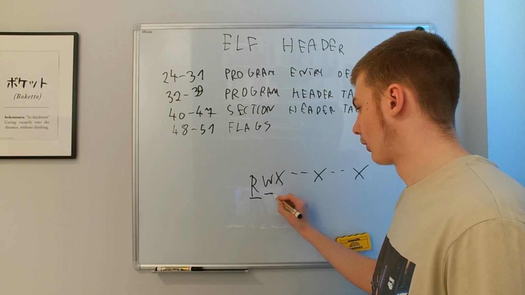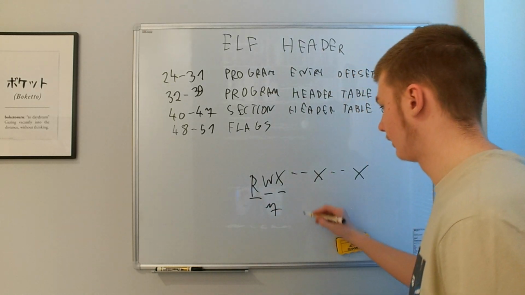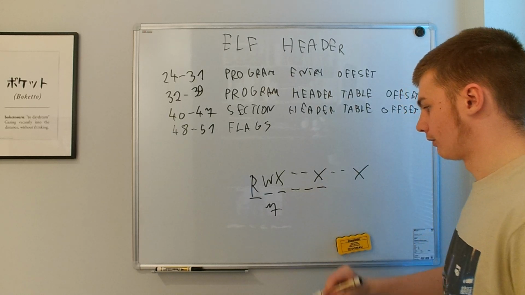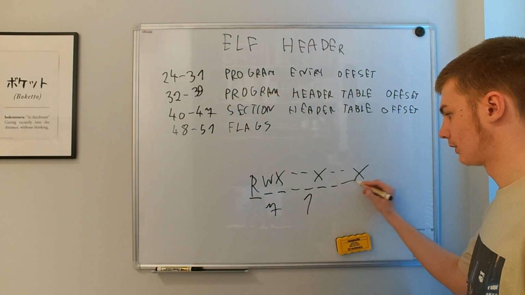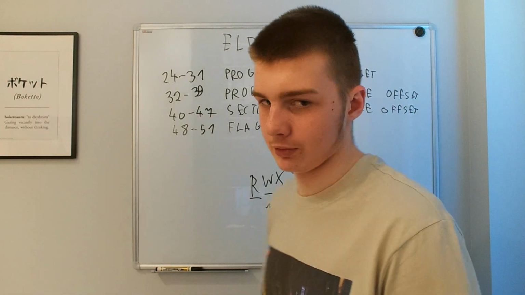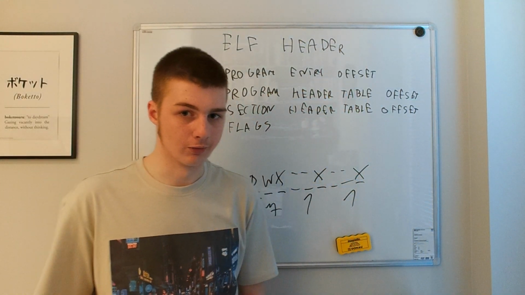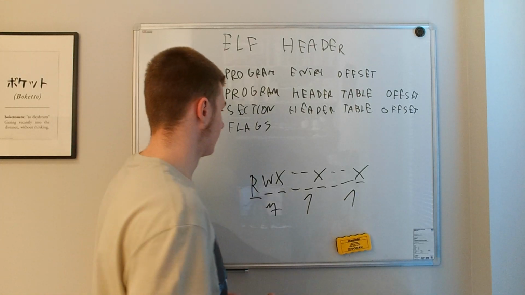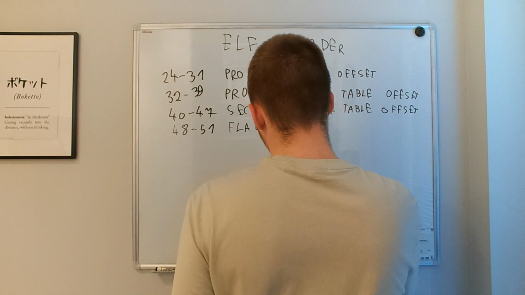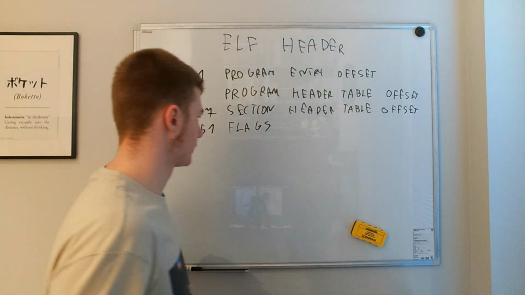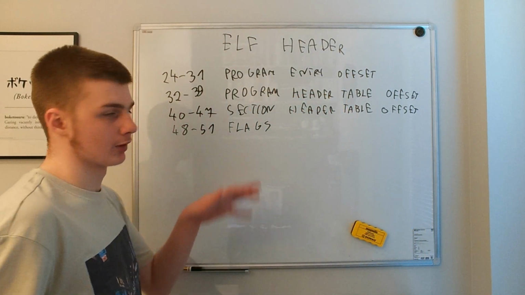So this is 4 plus 2 plus 1, that's 7. Then 0, 0, and a 1. So that's 1, 0, 0, and a 1, 1. So you get 7, 1, 1 as your code. And yeah, so that's the flags, and this is exactly the format that those flags are stored in.